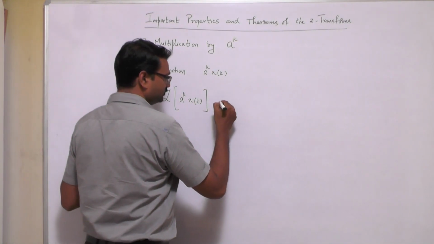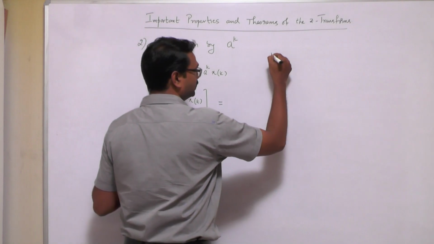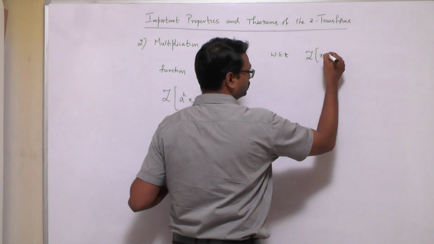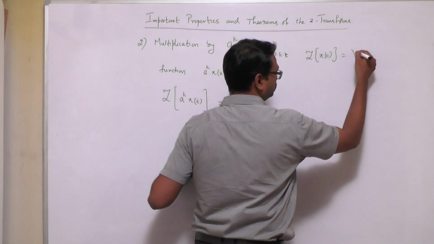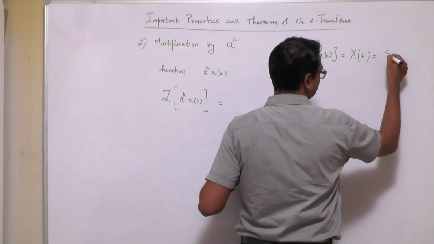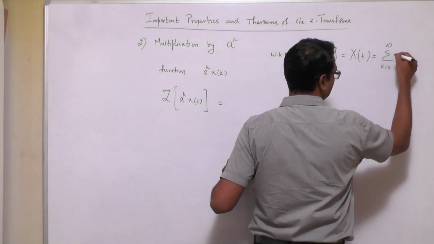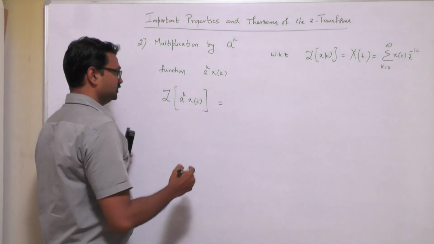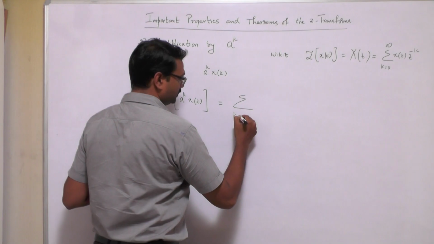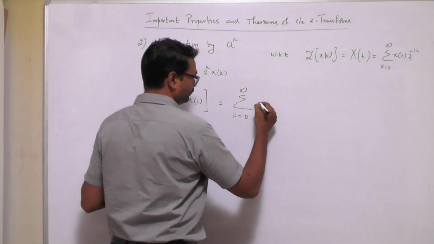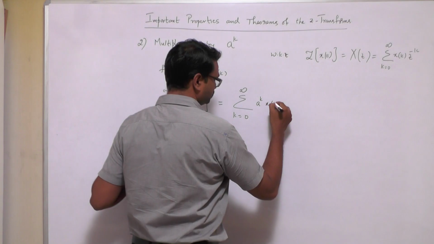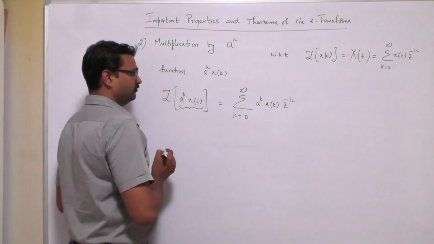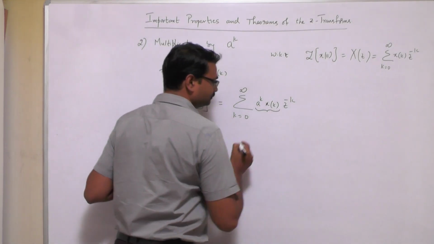Z transform, by definition, we know that the Z transform of x of k is equal to X of z, which is equal to sigma k is from 0 to infinity x of k z power minus k. Now with this in mind, sigma k is from 0 to infinity a power k x of k z power minus k. Now this entire function is replaced here.